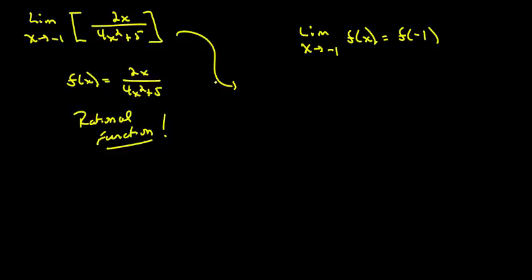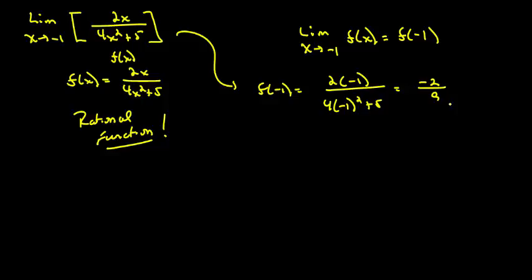So all we have to do is evaluate this. The limit of f of x is equal to f at -1, which is 2 times -1 over 4 times -1 squared plus 5, which is -2 over 9 as well.